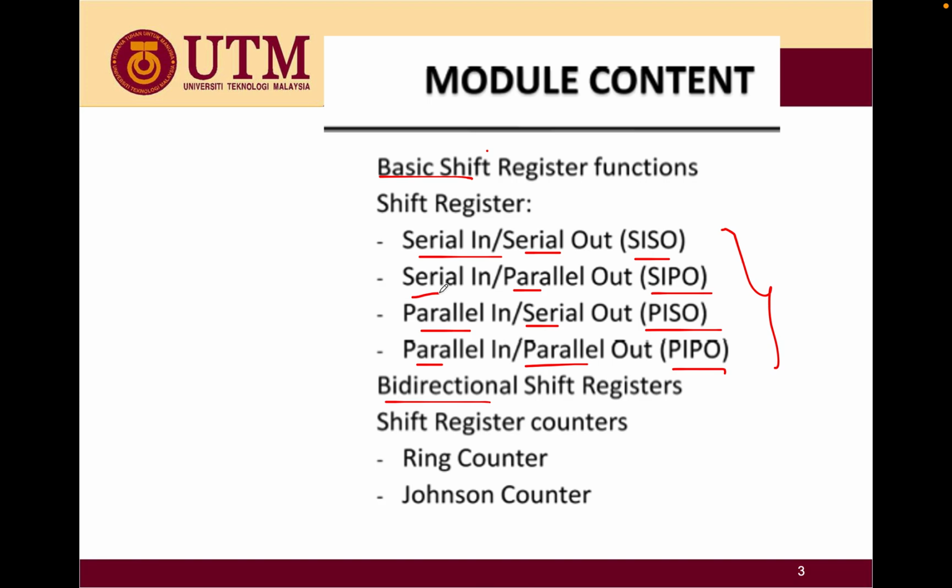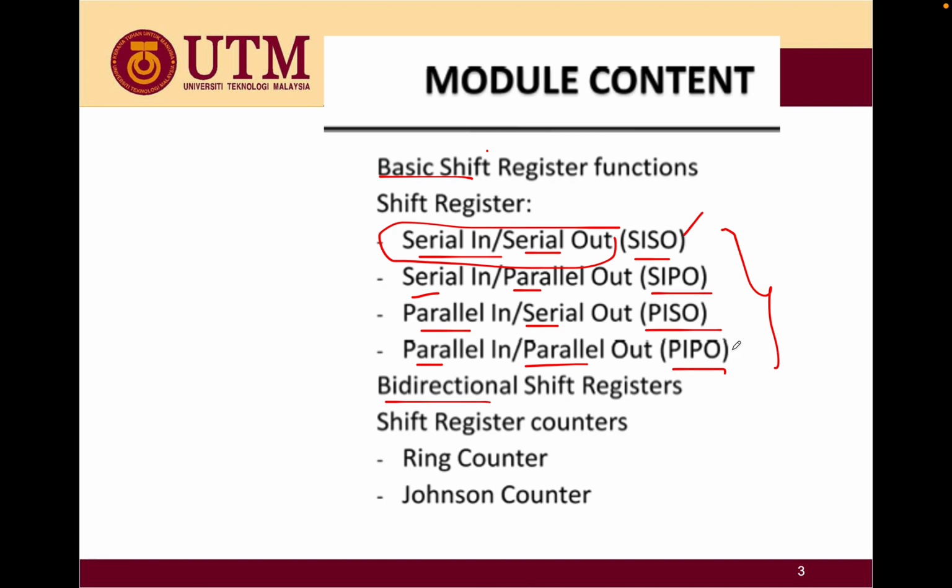Like there might be an objective multiple choice question that calls it shift in, shift out, and you just remember SISO, so you say okay, it is shift in, shift out, oh it's correct, but this is the correct name, right? So that's why I want you to remember the long name and also the short name.